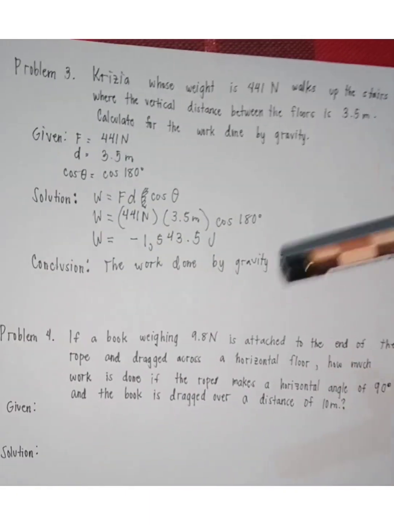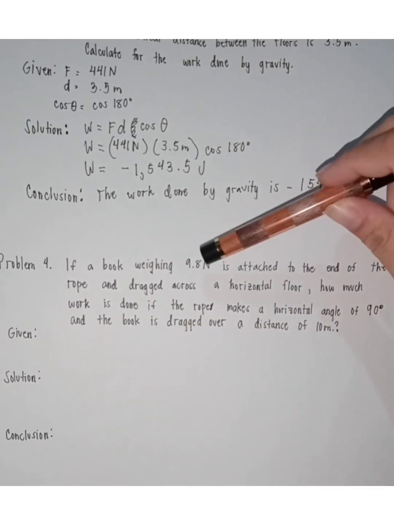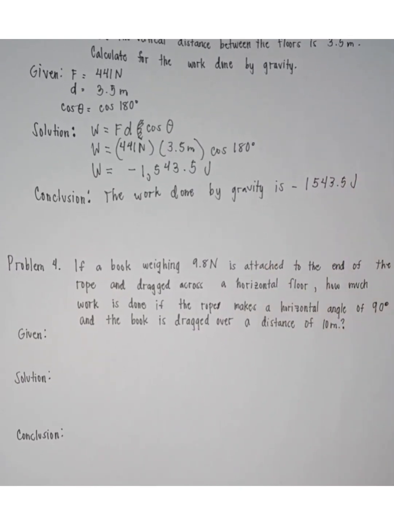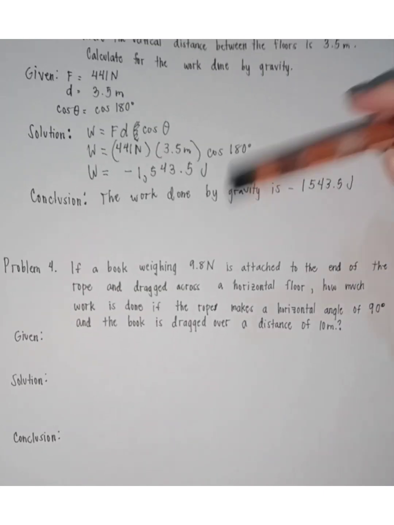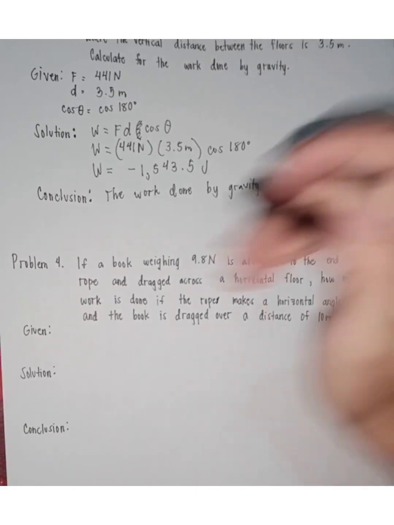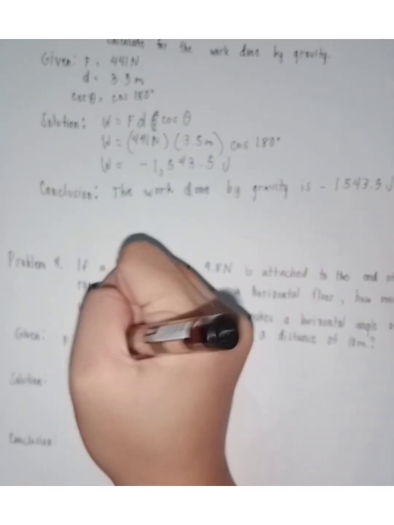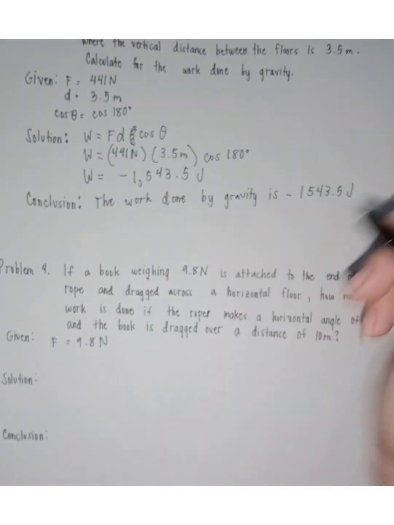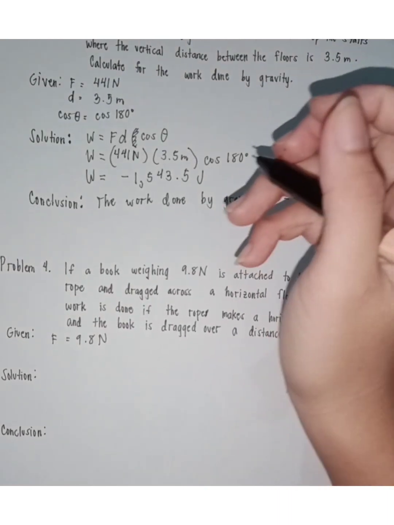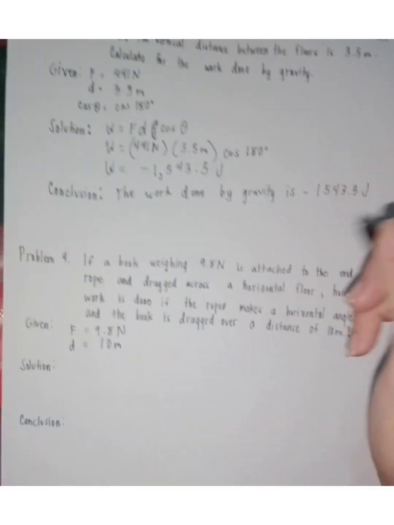If a book weighing 9.8 Newton is attached to the end of a rope and dragged across a horizontal floor, how much work is done if the rope makes an angle of 90 degrees with the horizontal and the book is dragged over a distance of 10 meters? The given force is 9.8 Newton, and the given distance is 10 meters.